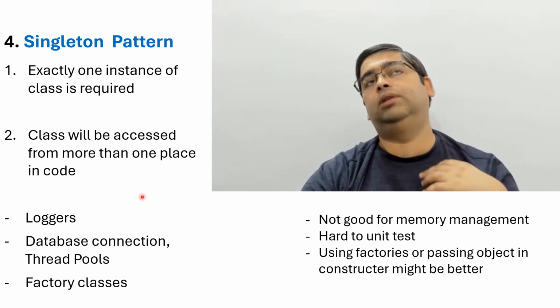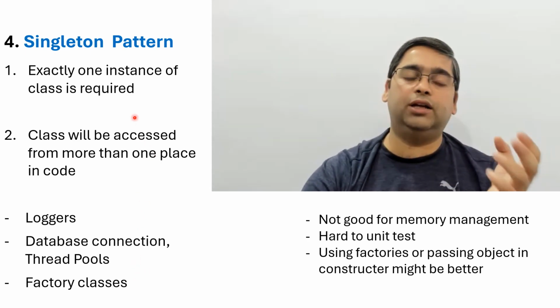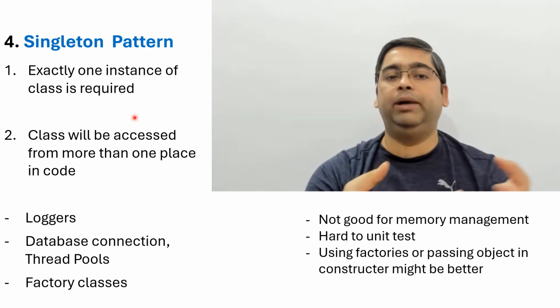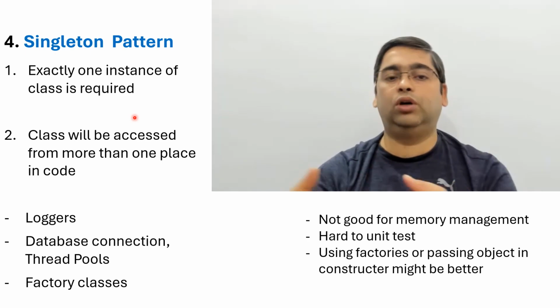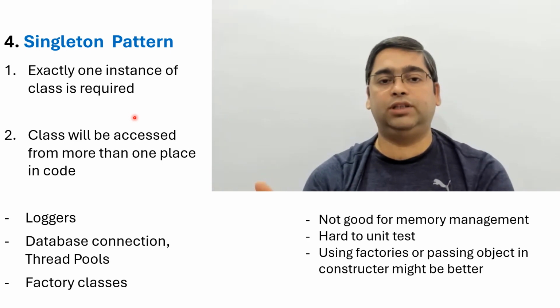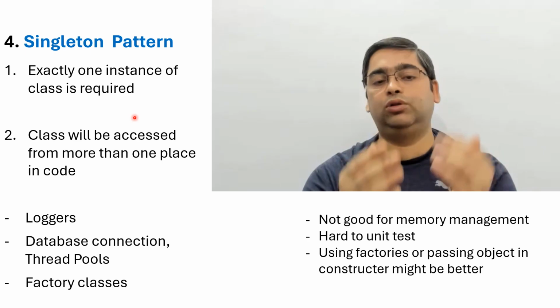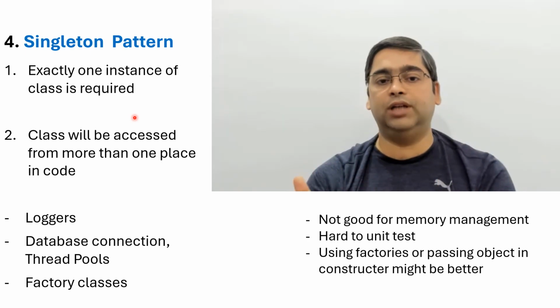So you see, there are lots of instances when a singleton pattern can be used, and that has made it like a potato. It goes with every vegetable, it goes with every scenario, and that makes it the most used design pattern and also the most abused and overused design pattern.